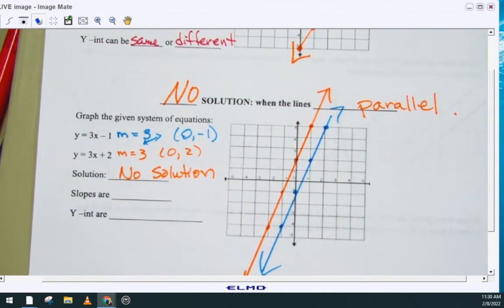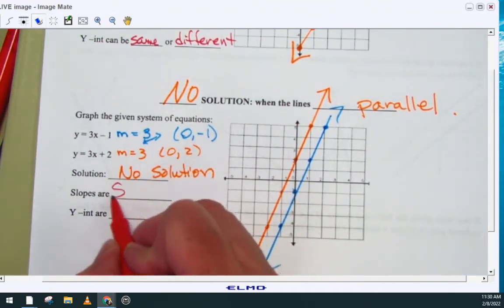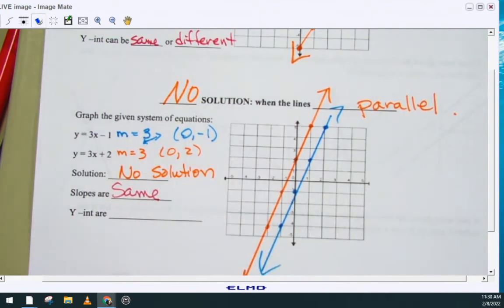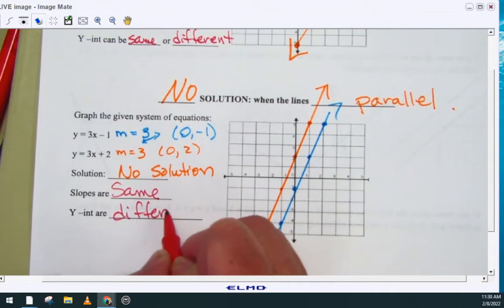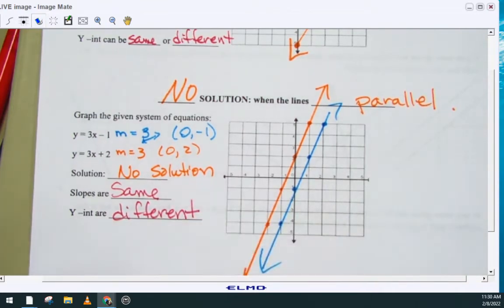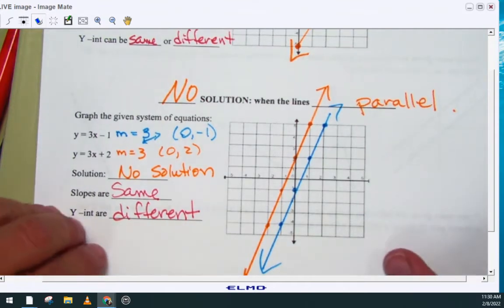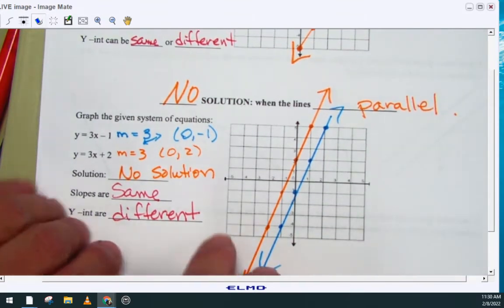If I look at my slopes, they are the same, but the y-intercepts are different. Okay, let's go to the next slide.